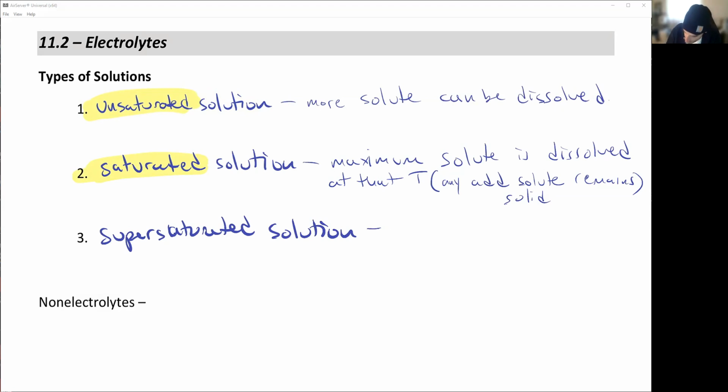First of all, it is unstable. It means that some small disruption can potentially make it become a saturated solution, can make things crash out of solution. The solution is holding more solute than it should.